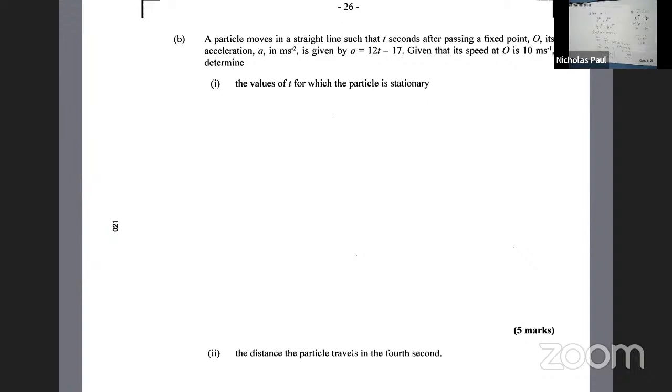Integrate and find the speed. At t = 0, the velocity is 10.